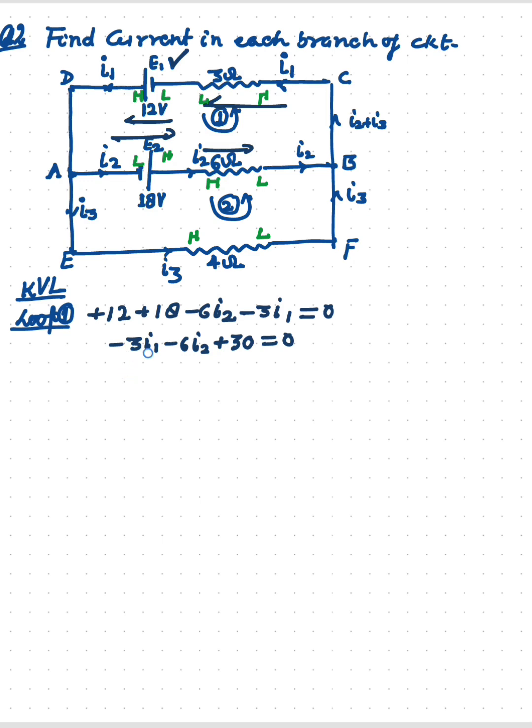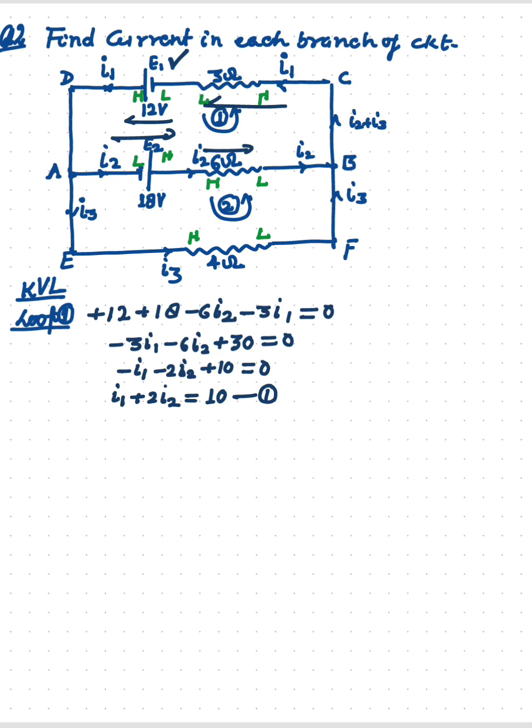Dividing by 3, minus I1 minus 2 I2 plus 10 equals 0. Or we can write it like this: I1 plus 2 I2 equals 10. This is equation number 1.